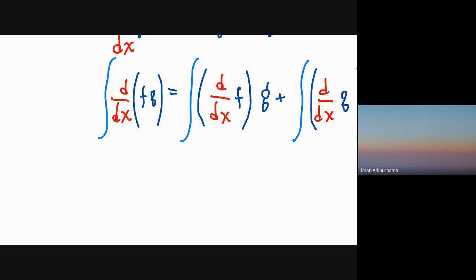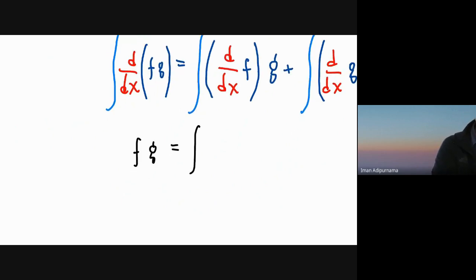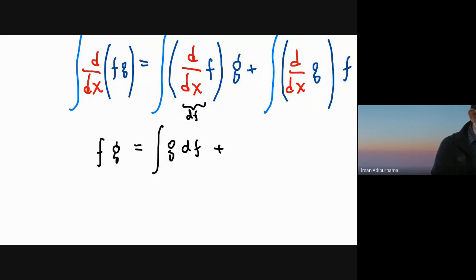So this will be fg equal to, let's write, integral g df, this is df, and plus integral f dg.